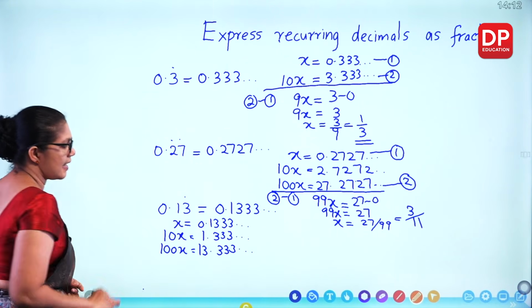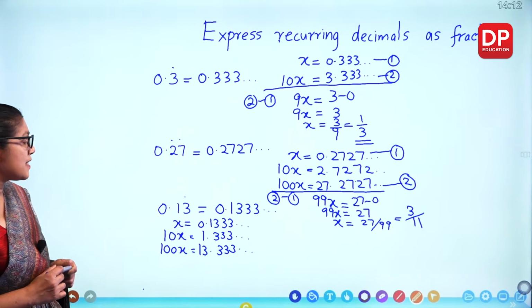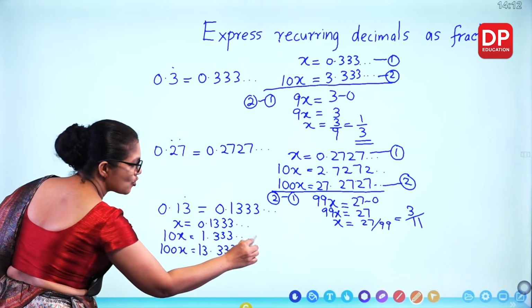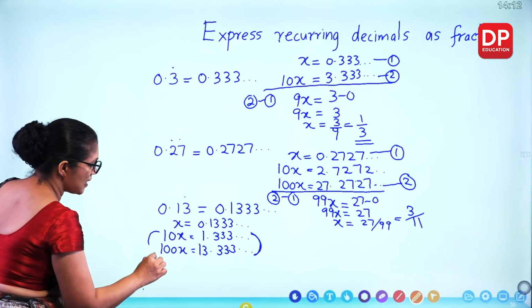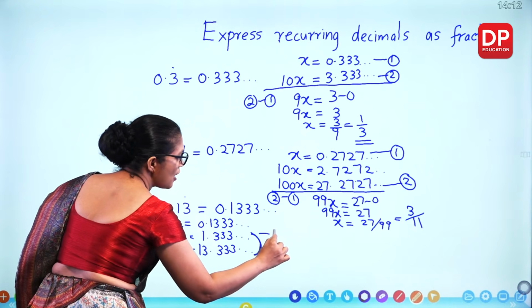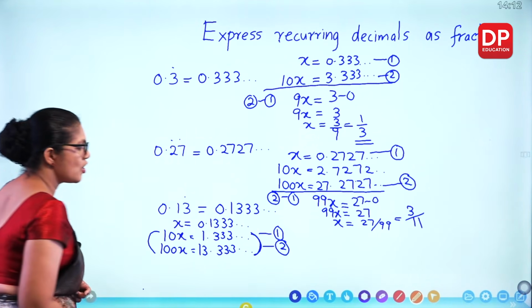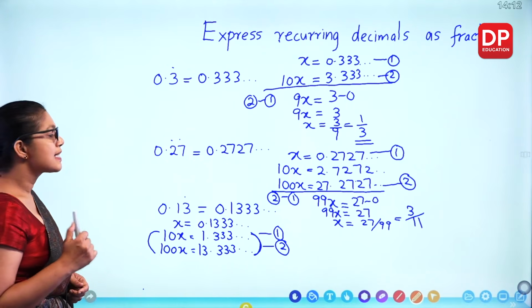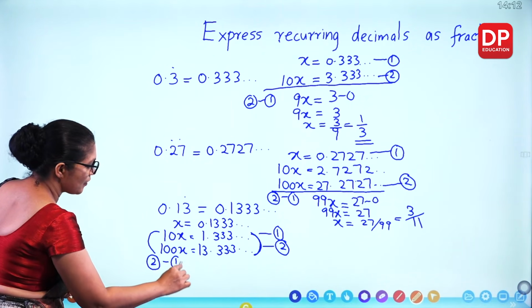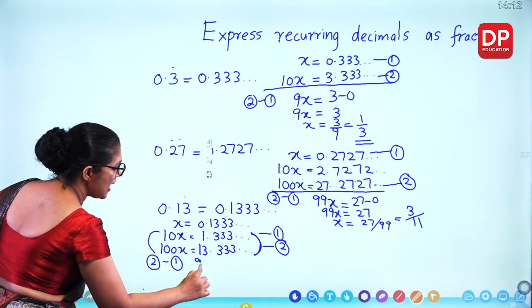13.3333 like that. Now check carefully and see whether you are getting the same set of decimal places. Can you see? These two are the same set, 0.333. So we select those two now. You can label this one as 1 and this one as 2. So we can subtract these two. So 2 minus 1, what happens? 100x minus 10x now, 90x.